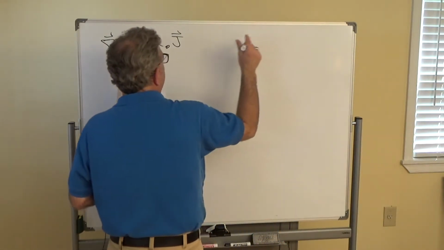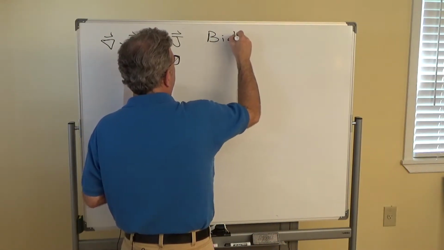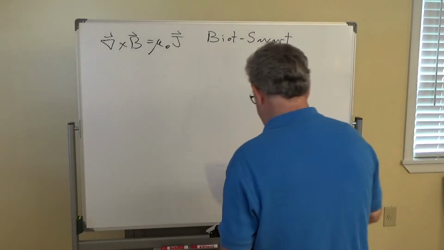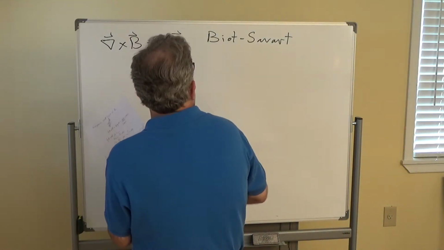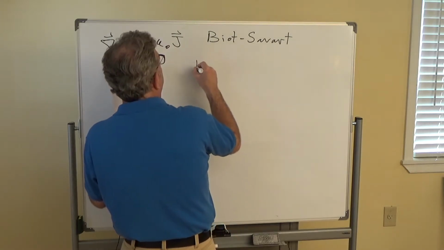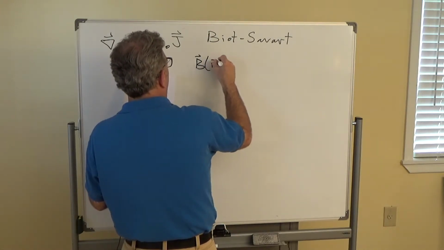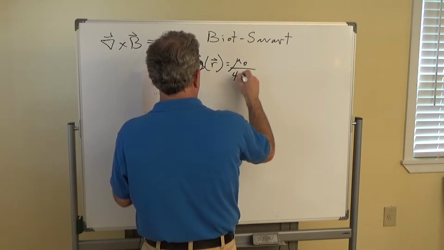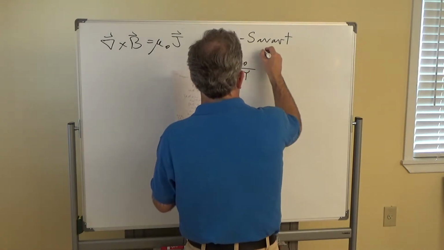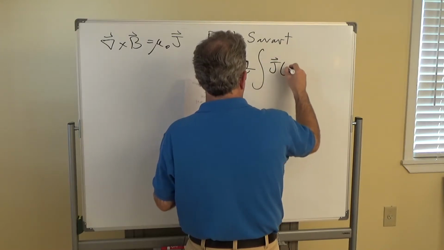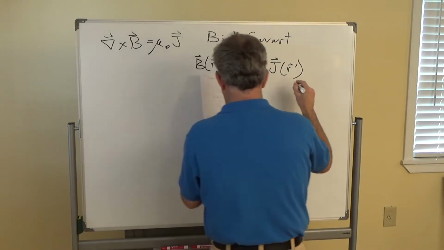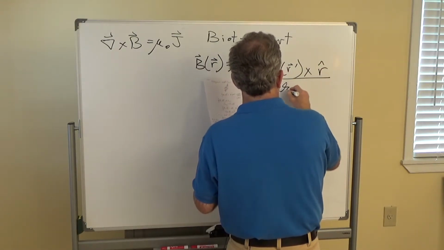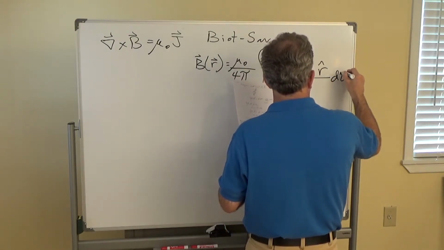So we know from Biot-Savart that for a current, the magnetic field vector B of R is equal to mu naught over 4 pi times the integral of J of R prime cross R hat divided by script R squared d tau prime.